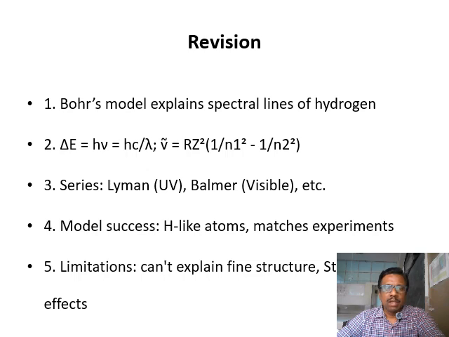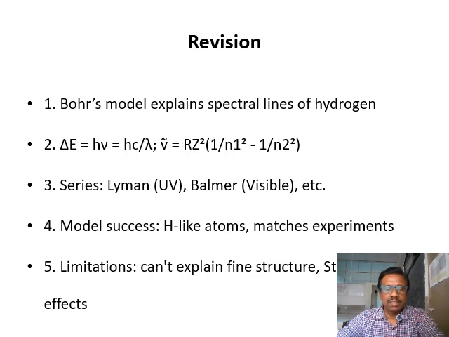Revision. Bohr's model explains spectral lines of hydrogen successfully. Energy change, that is delta E is equal to h nu, can be calculated. Nu bar is equal to R Z square into 1 divided by n1 square minus 1 divided by n2 square, that is the Ritz combination principle equation, also called the Rydberg equation.